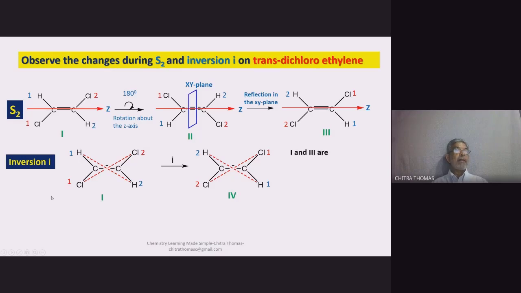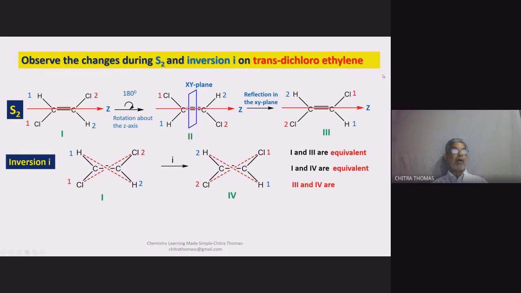Now, 1 and 3 are, what? They are indistinguishable, they are equivalent. Then 1 and 4 are also indistinguishable and equivalent. Now we compare 3 and 4.